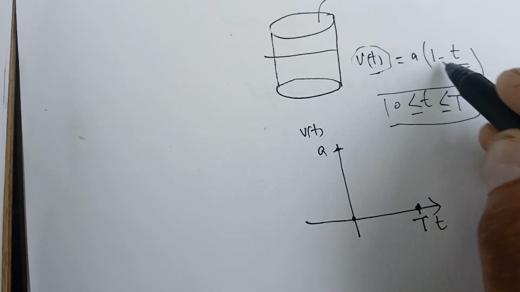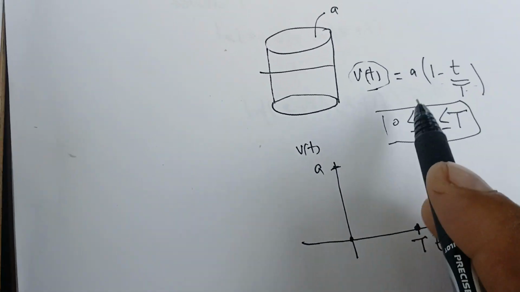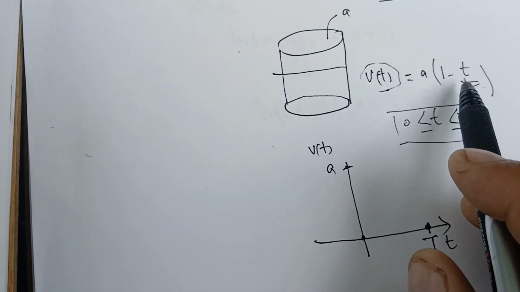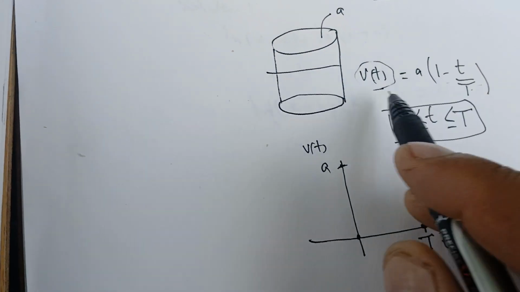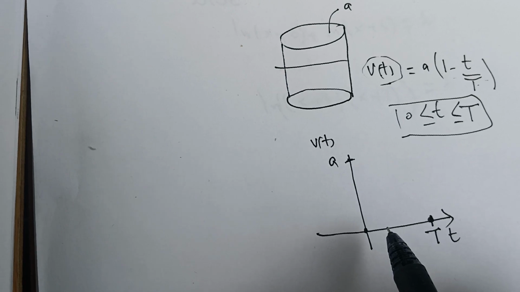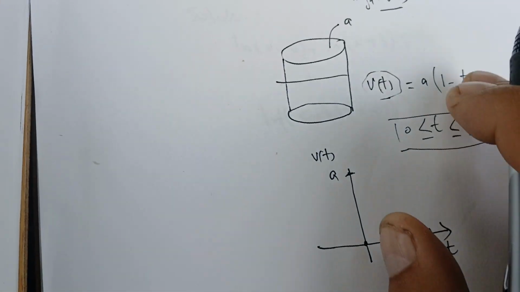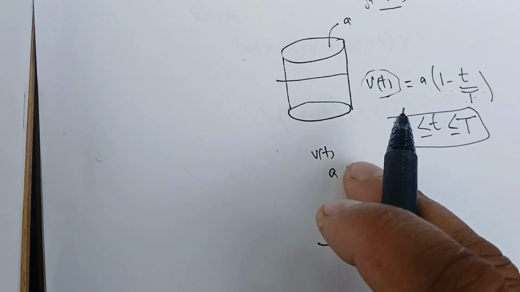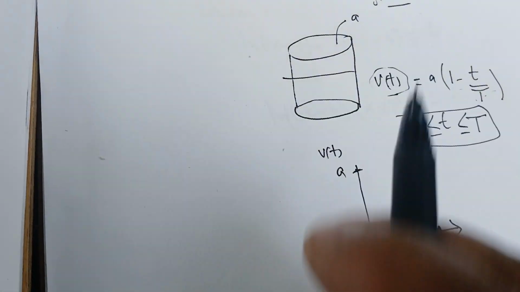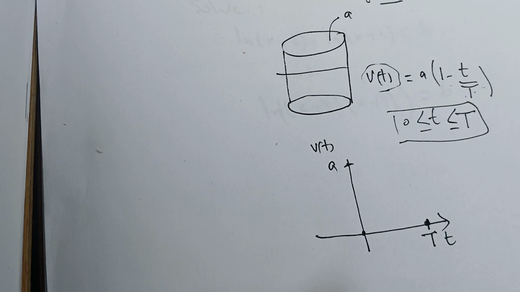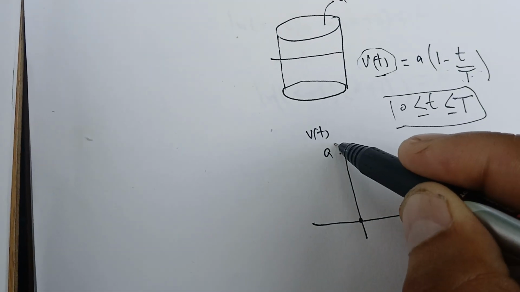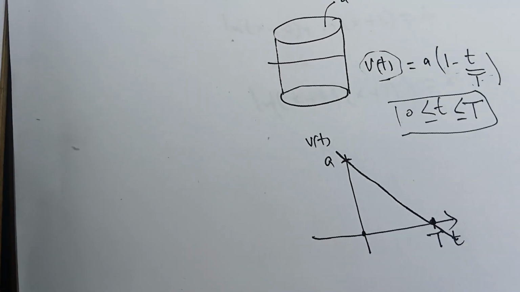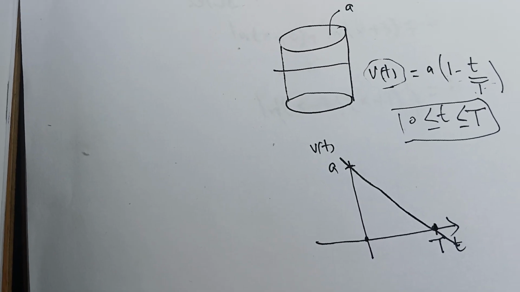And we can see from here that this model is a negatively linearly related model. It describes the relationship between the time and the amount of water left in the tank. We see that it's linear, and the equation also tells us that it's linear.